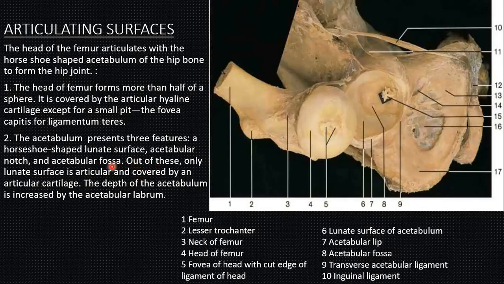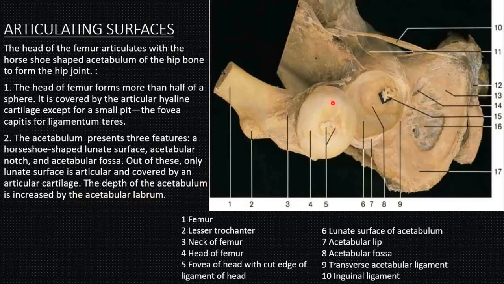Within the acetabular fossa, we have a pad of fat known as the Haversian pad of fat. And we have a ligament which traverses the acetabular notch, known as the transverse acetabular ligament. The depth of the acetabulum is increased by the acetabular labrum.